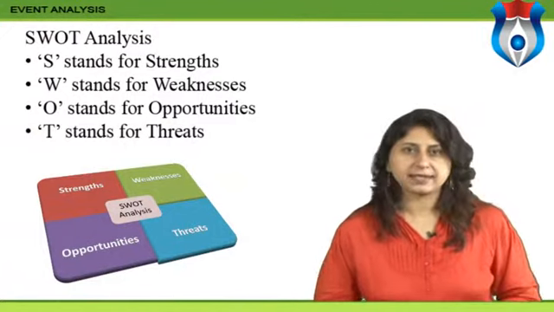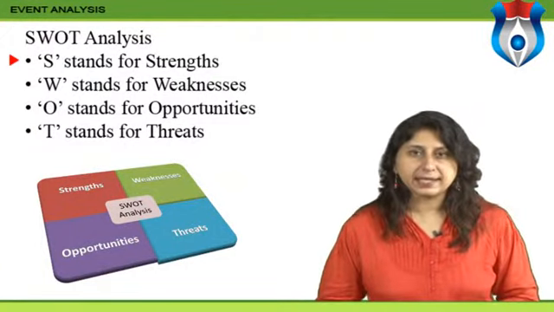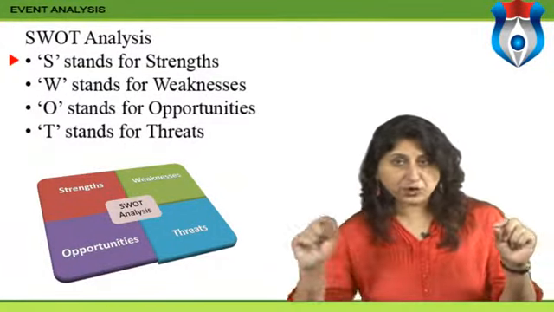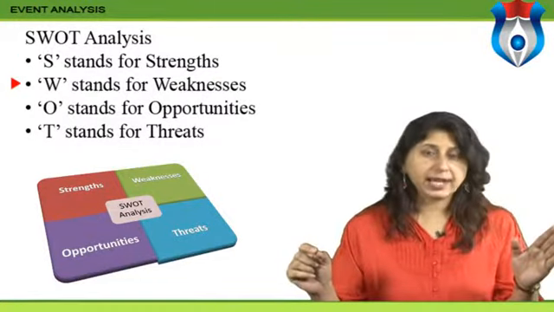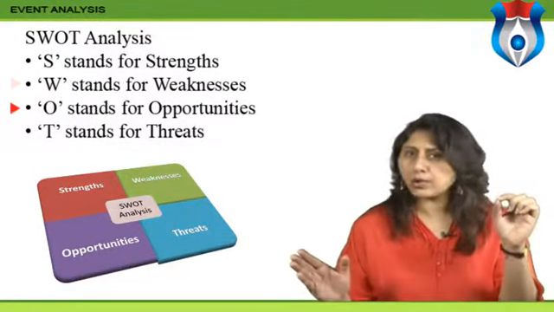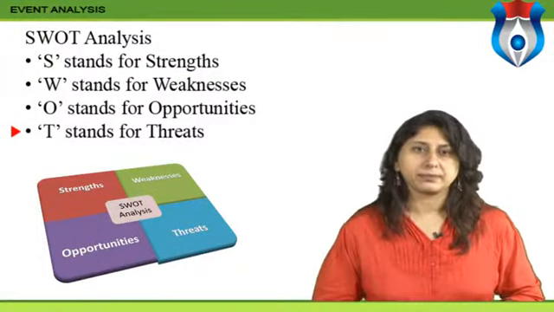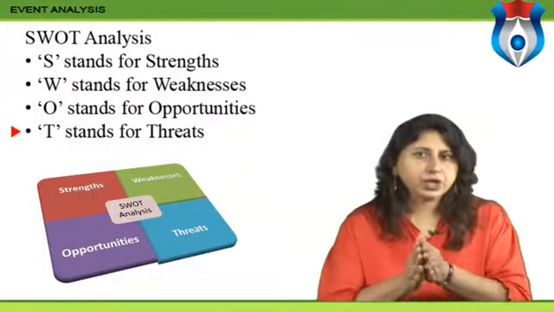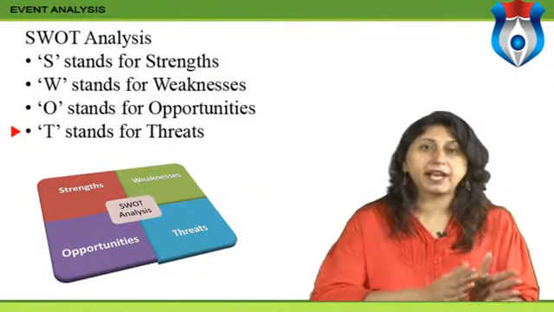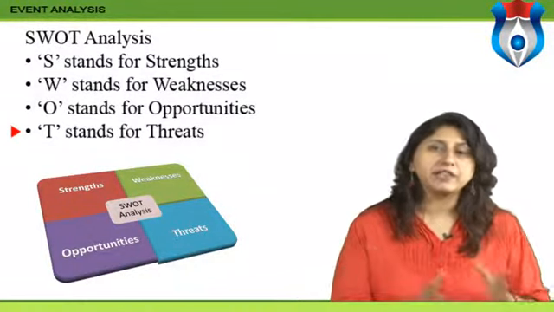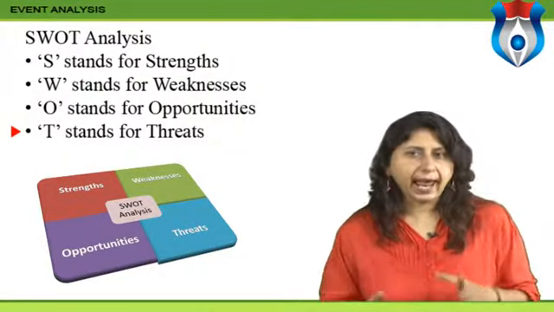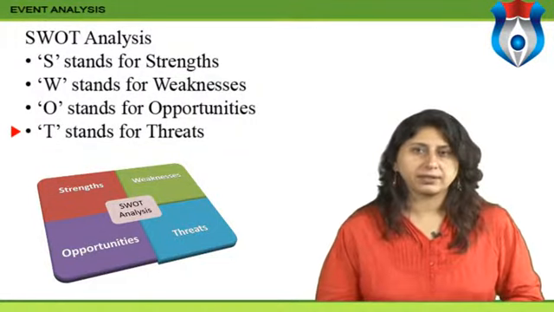SWOT analysis. In SWOT analysis, S stands for strengths, W stands for weaknesses, O stands for opportunities, T stands for threats. It is a strategic planning tool which is used to identify and analyze the strengths, weaknesses, opportunities and threats involved in a project.